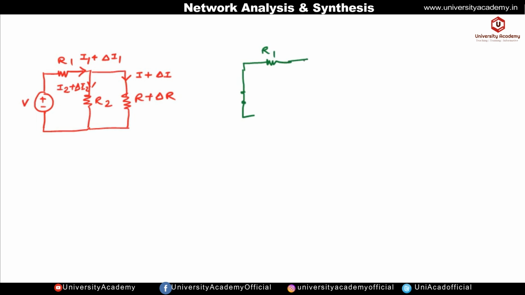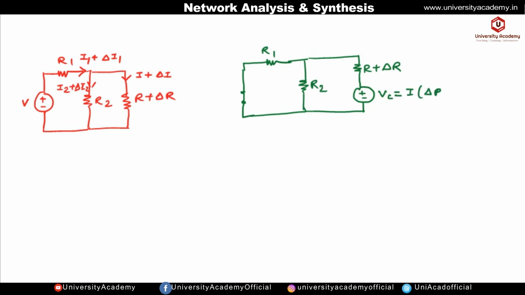Now this is resistance R2, and this is resistance R plus delta R. It will be connected in series with a voltage source of VC, such that it opposes the original current I. So this is VC, and the value of VC is given by I into delta R. Now this voltage source will give some current, suppose delta I. The current flowing in the resistance R1 will be delta I1, and the current flowing through this resistance R2 will be given by delta I2.